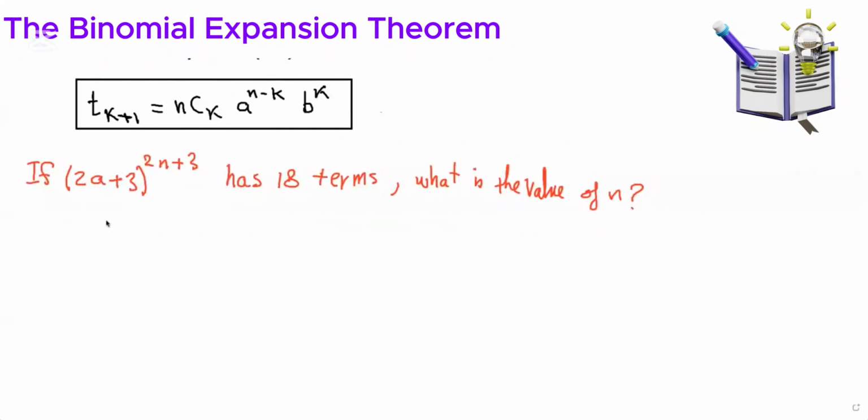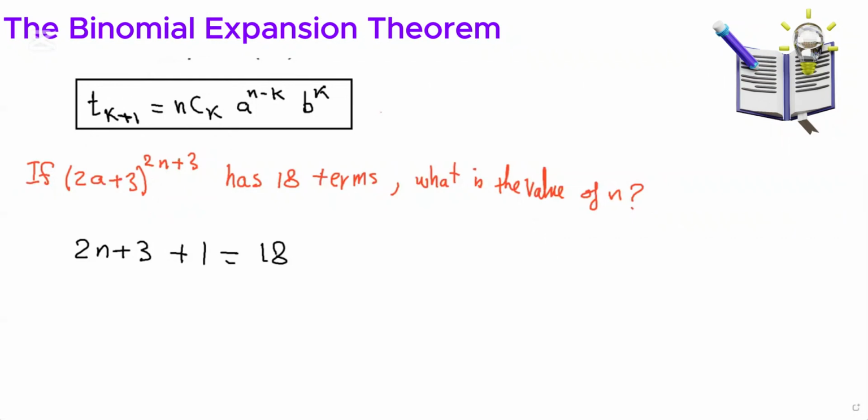So here's the last question I'm going to do in this video. Basically they're saying, if this expansion has 18 terms, what's the value of n? Now you remember earlier I said that to know how many terms you have, you always add 1 to the exponent. So when you add 1 to 2n plus 3, you get the number of terms, which is 18.